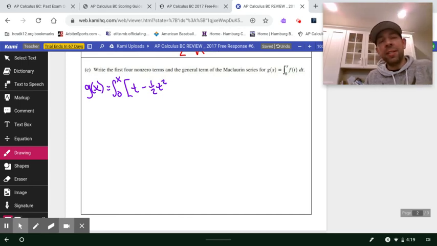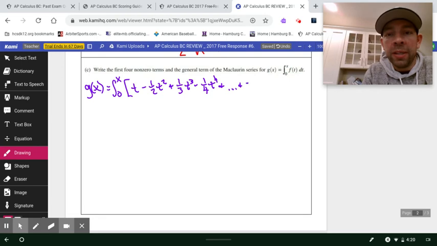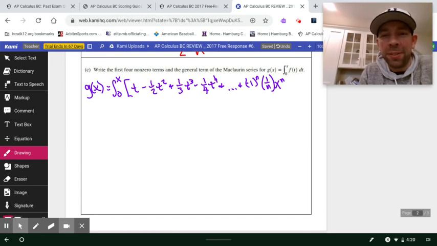Notice I could have written t squared over 2, but when it comes to integrating, I just have a slight preference to rewrite it like that. And then 1/3 t cubed minus 1/4 t to the 4th. And then we've got our general term here, (-1)^n times 1 over n as the coefficient, t to the n, and then we're integrating with respect to t.